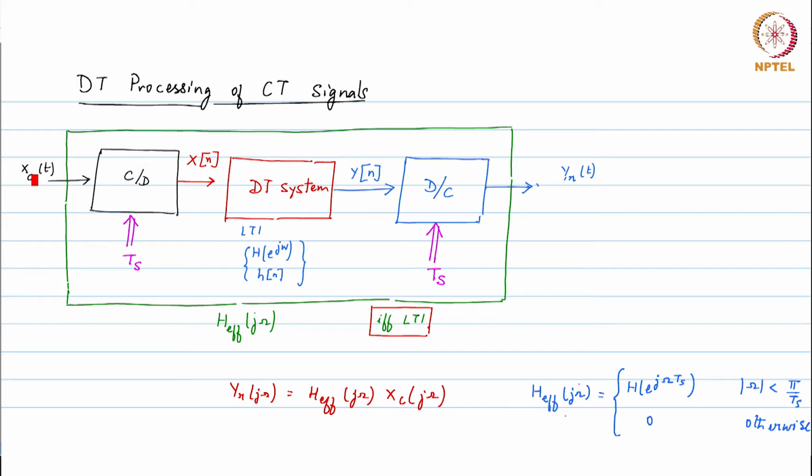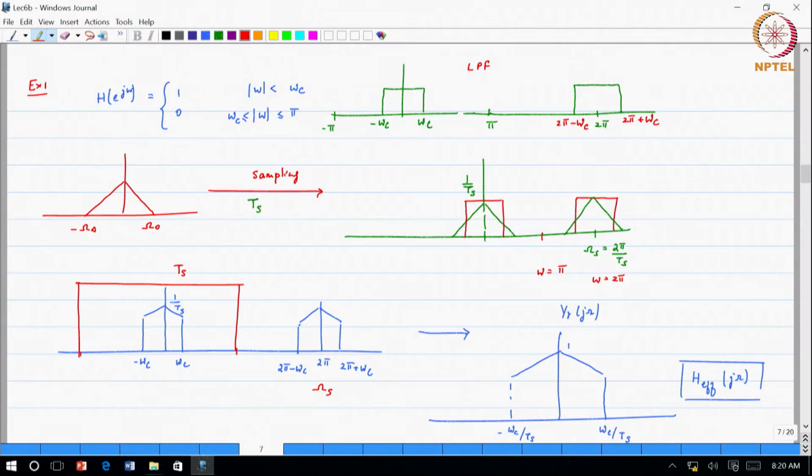Now, under the conditions of LTI, we showed that the effective transfer function from the input to the output is related to the discrete time transfer function of the discrete time system. Now, yesterday's lecture, the one that we were trying to develop, we reached almost the last step, but let's just pick it up from there and conclude our discussion.